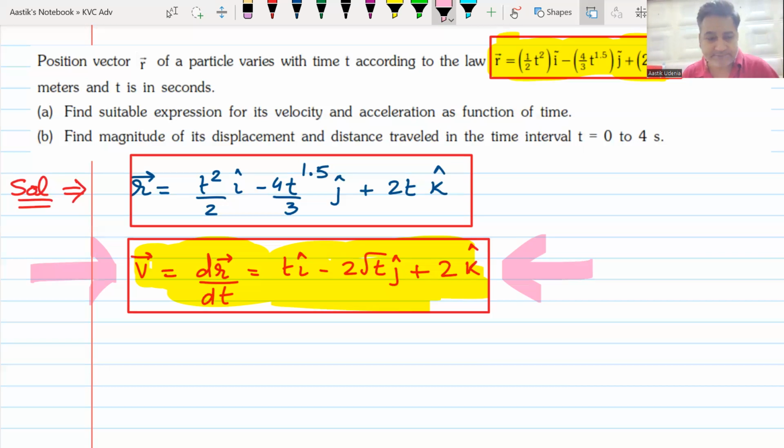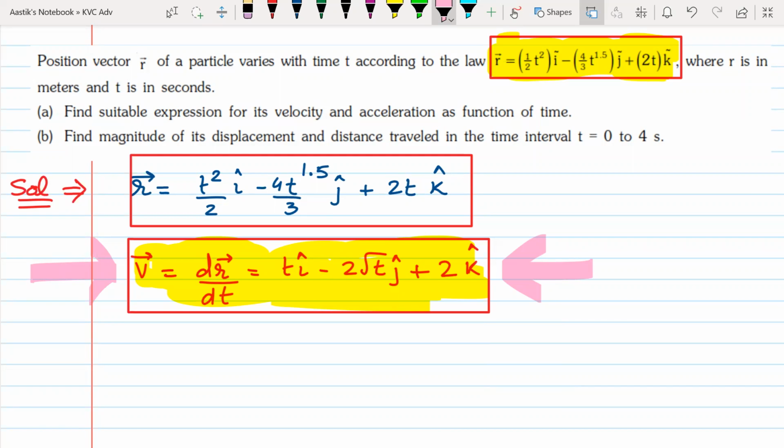Is it uniform velocity or is it non-uniform? A simple question. It is non-uniform velocity, Shruti.